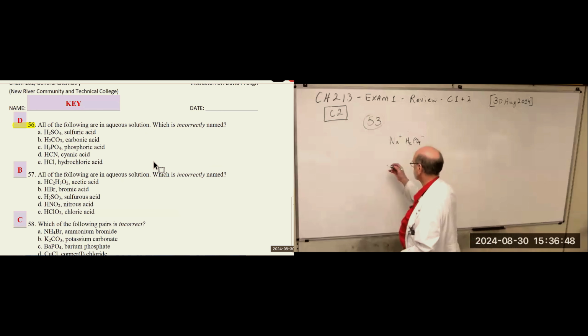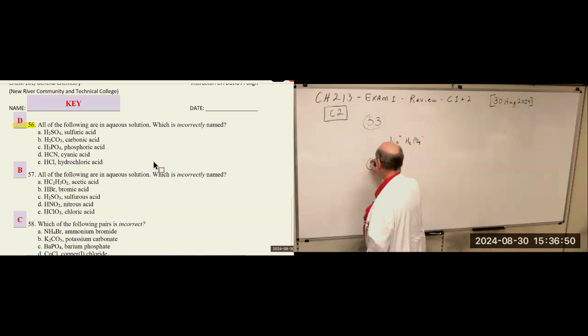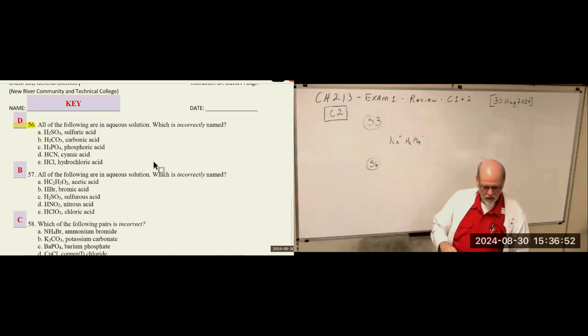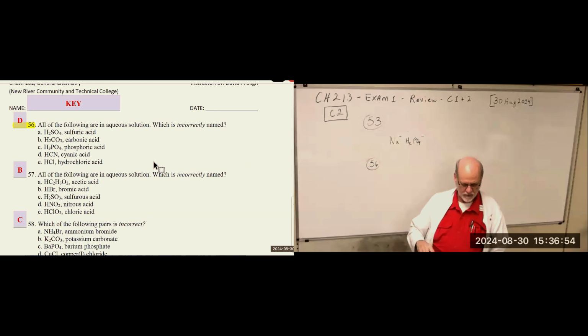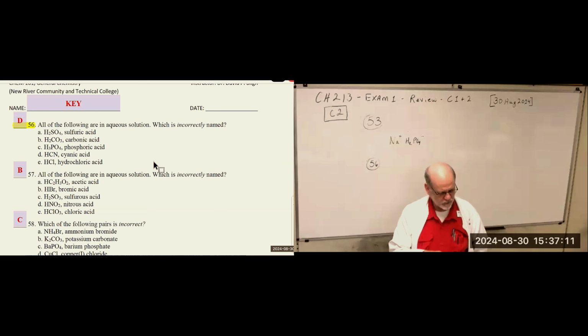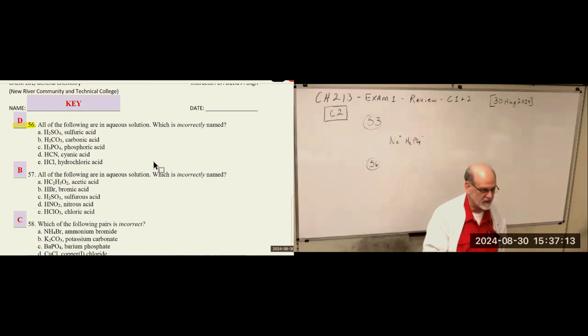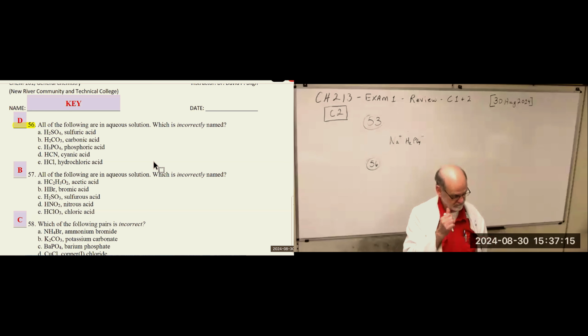56. All the following are in aqueous solution. Which one is incorrectly named? Well, these are all acids, right? You see the hydrogen in front. And if there's oxygen there, we don't say hydro. So the first one is based upon sulfate. ate becomes ic. So sulfuric acid, that's correct.